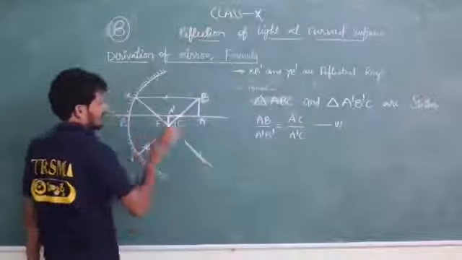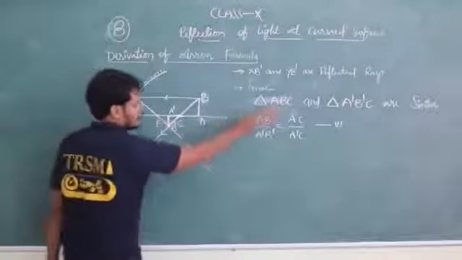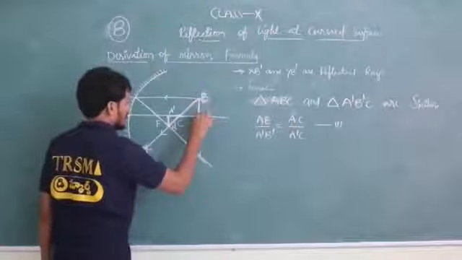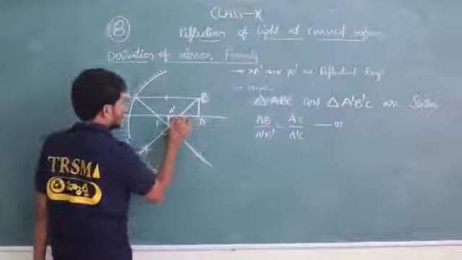First I took that relationship from the two similar triangles: AB by A dash B dash equals AC by A dash C.